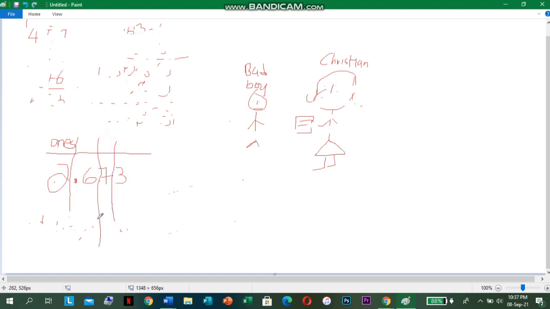Any numerals that come after the decimal point are actually fractions. They are smaller than the whole numbers.